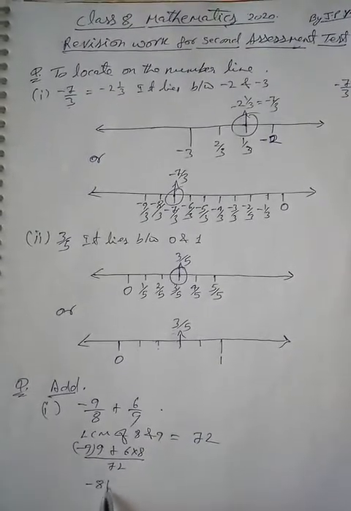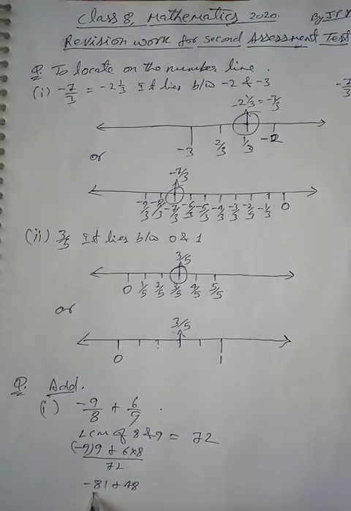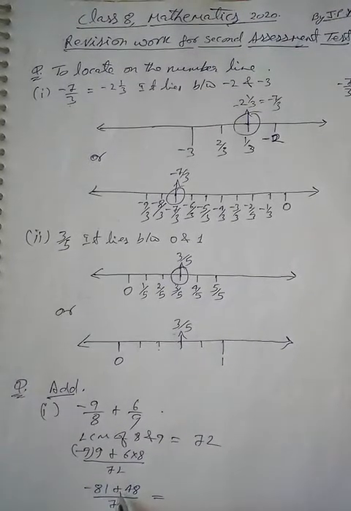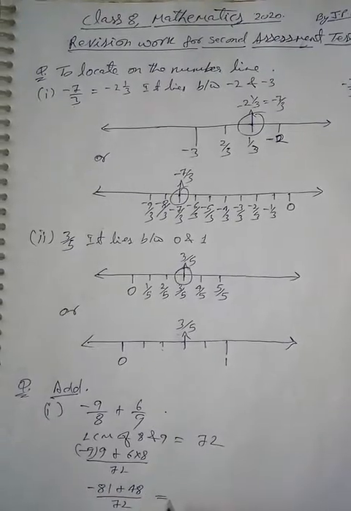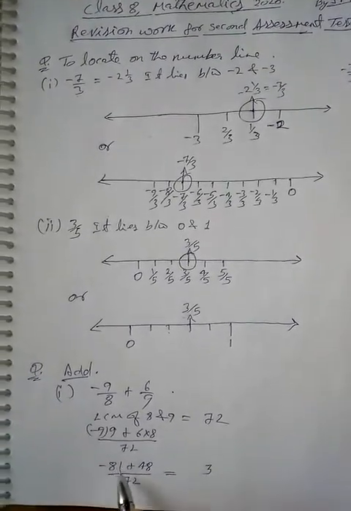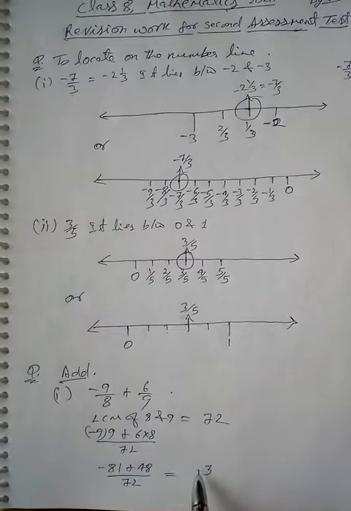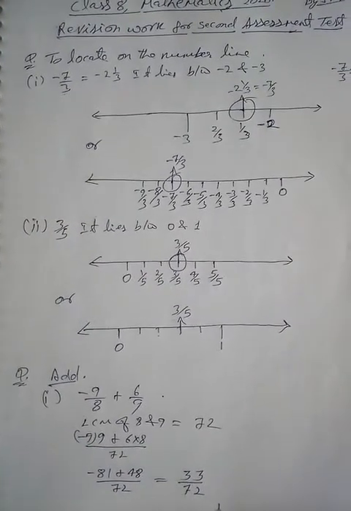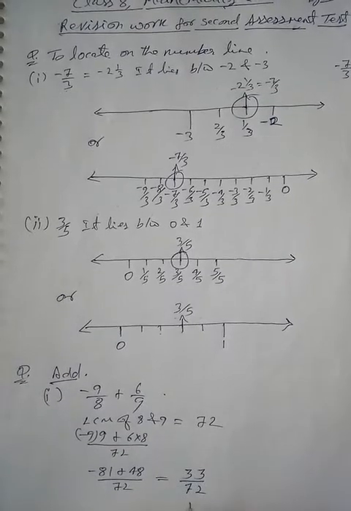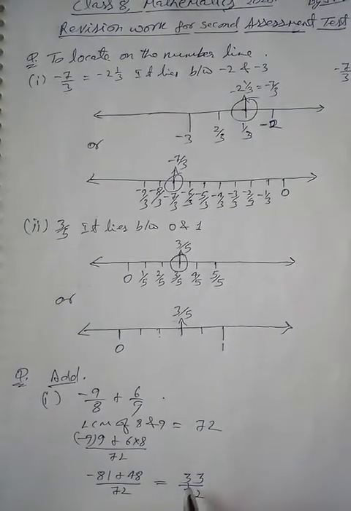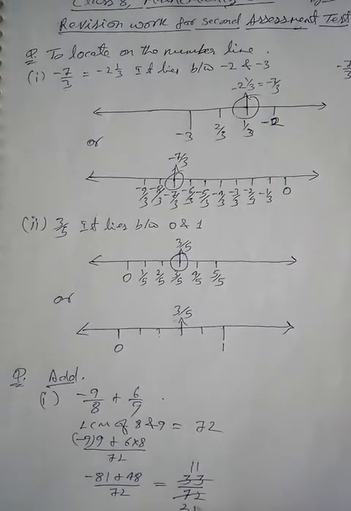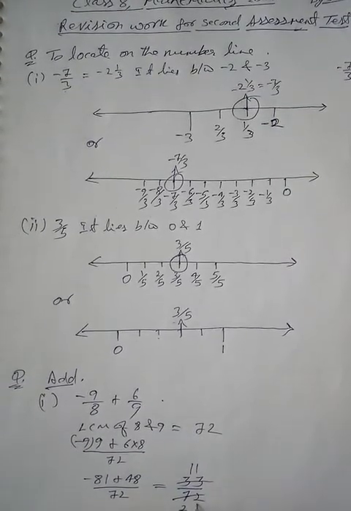Minus 9 nines are 81, plus 6 eights are 48, by 72. So you get minus 81 plus 48, which is minus 33 by 72. So if it can further be reduced, we can reduce it. So 3 elevens are 33, 3 twenty-fours are 72.